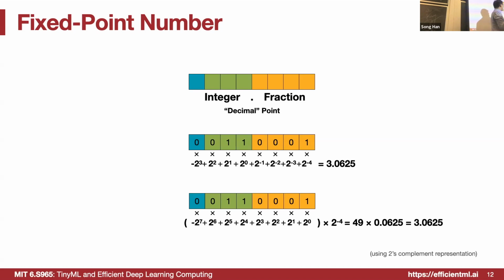Since there are 4 bits for the fraction part, we just calculate them as if this is a pure signed integer, and times the scaling factor, which is 2 to the power of 4. This indicates that we are moving the decimal point by 4 bits, so that we can represent this fractional number rather than 49 in this case.